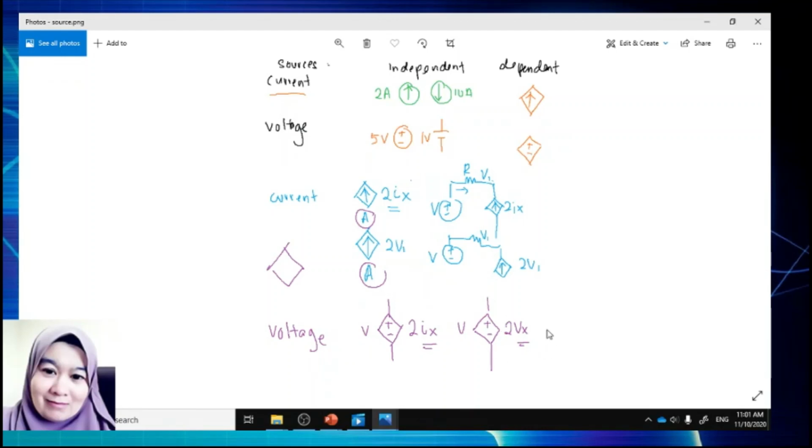And this symbol is voltage dependent on voltage, so the unit is also volt. However, you will see the value of Vx somewhere in the circuit. Same here, we need to find Ix somewhere in the circuit.